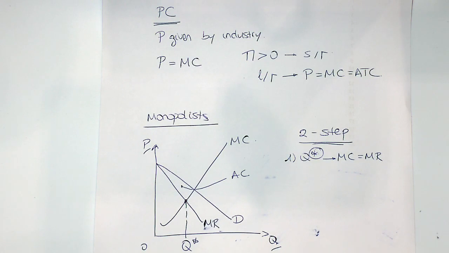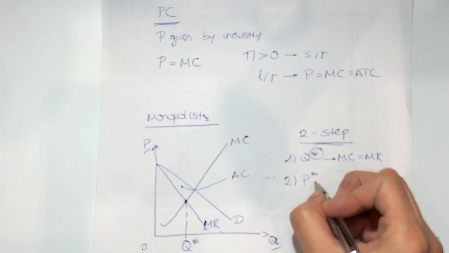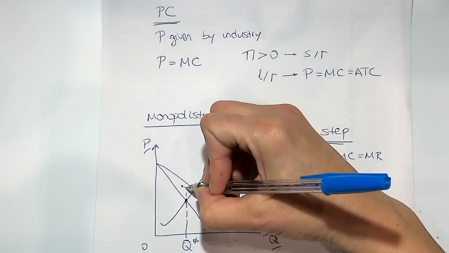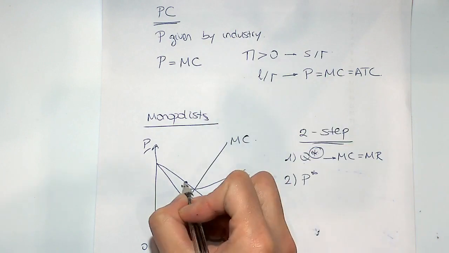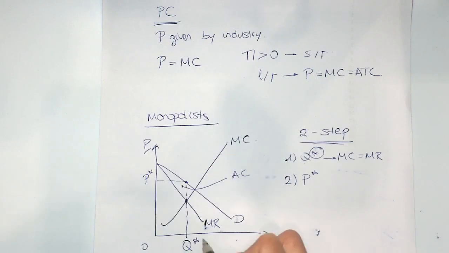Then the second step is to decide the optimum price. On the optimum price, they will go to the demand curve and see what's the maximum price that consumers will be willing to pay for that quantity.